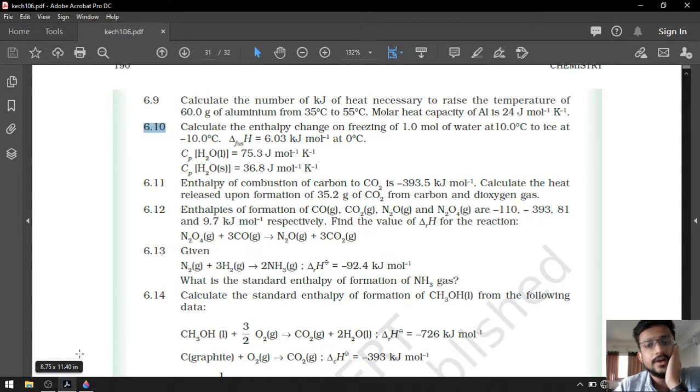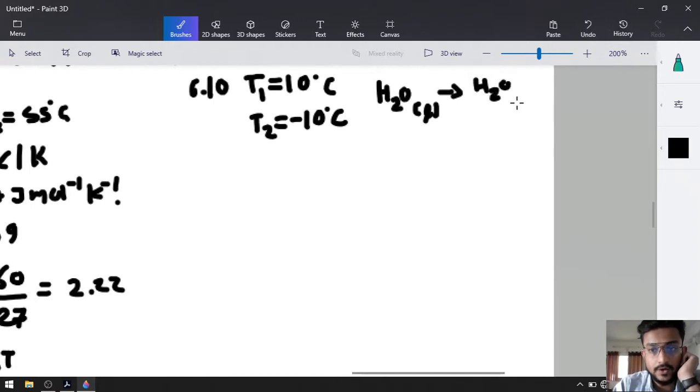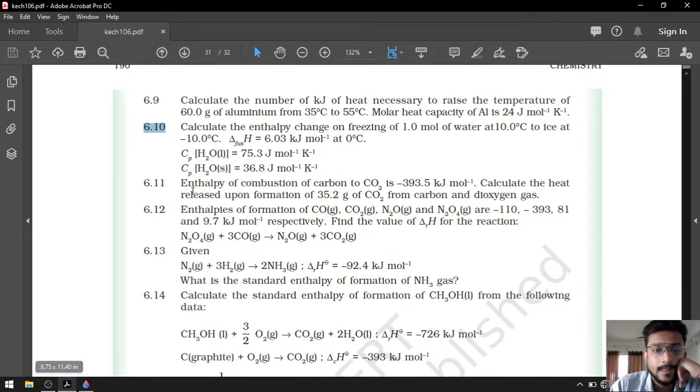Water liquid converted to water ice. So H2O liquid will be converted to H2O solid. Okay, this is the reaction. Delta fusion enthalpy has been given at 0 degrees Celsius.